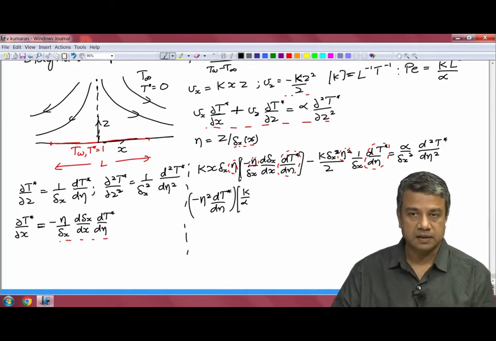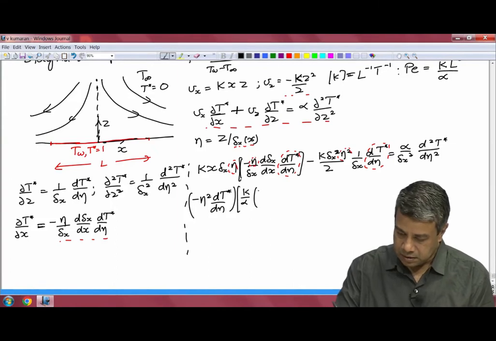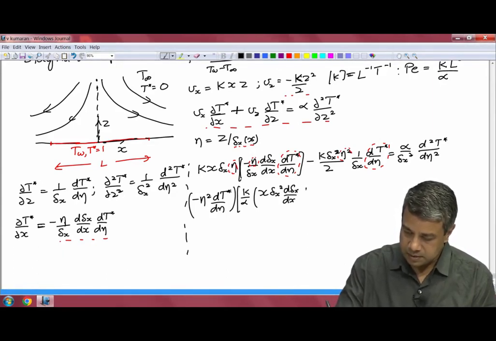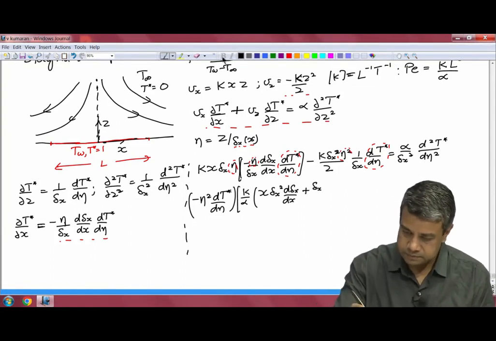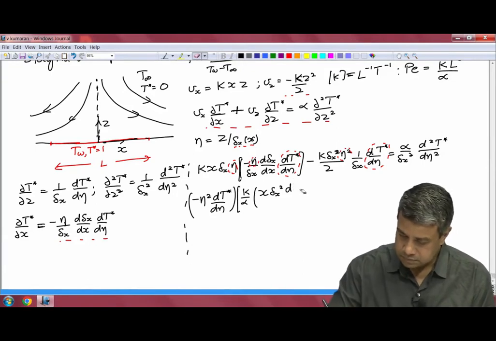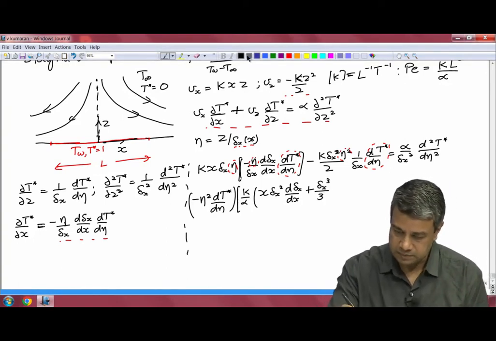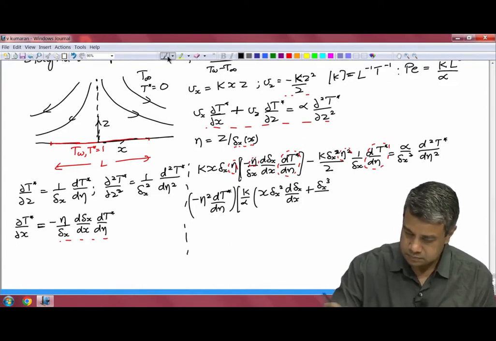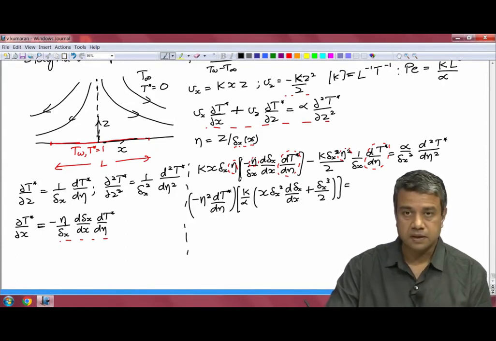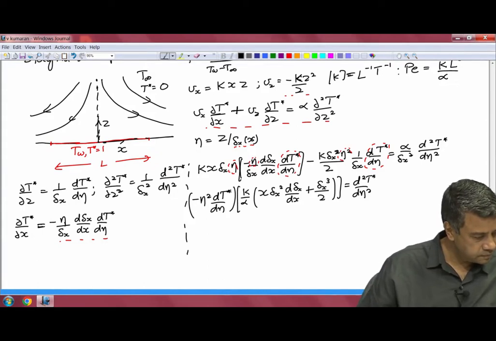When I multiply it by delta x square by alpha, I will get a factor of k by alpha here into x, delta x square d delta x by dx plus delta x cubed by 3 by 2, I am sorry, is equal to d square t star by d eta square.